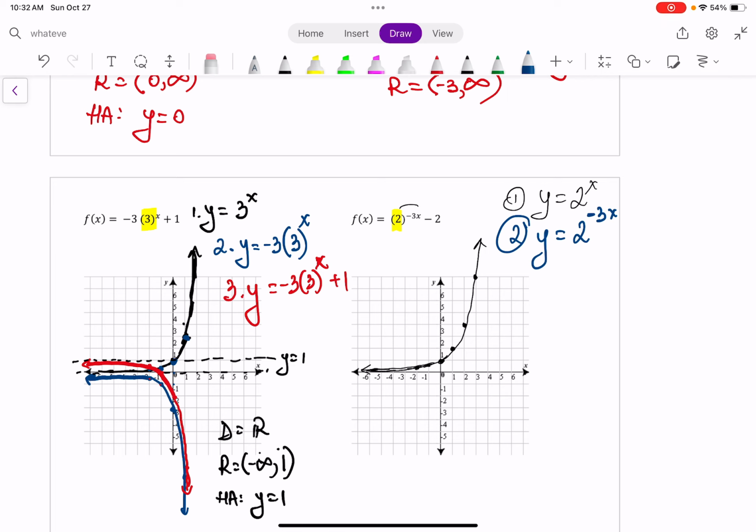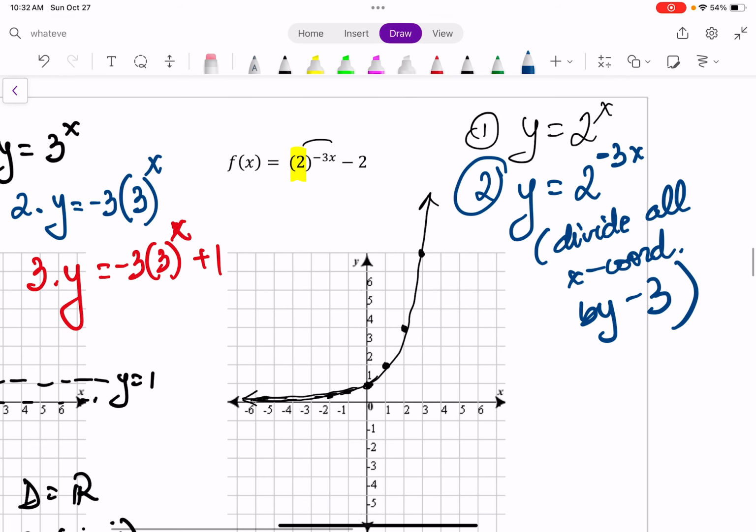So instead of multiplying all the x coordinates by -3, we will divide all x coordinates by -3.